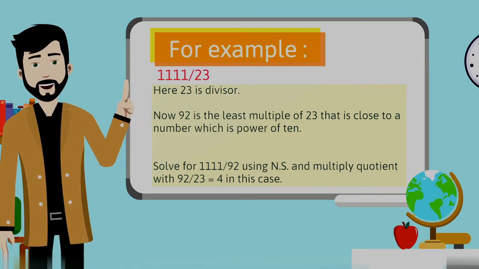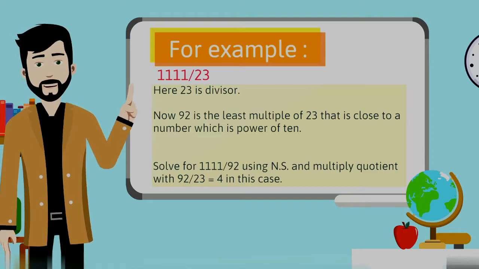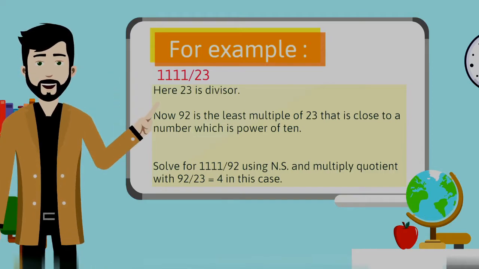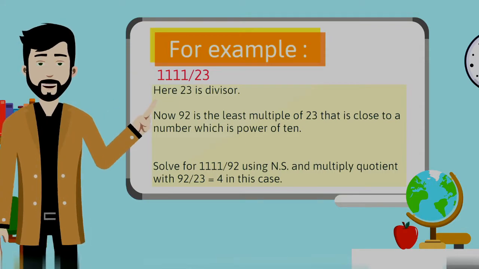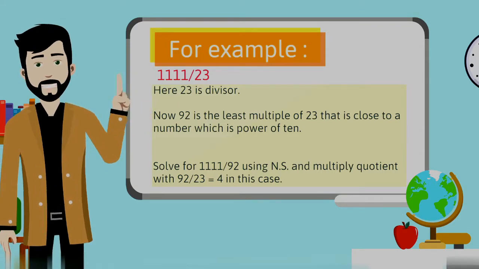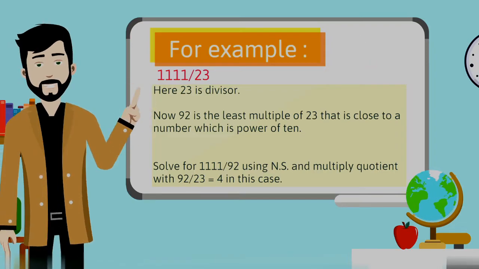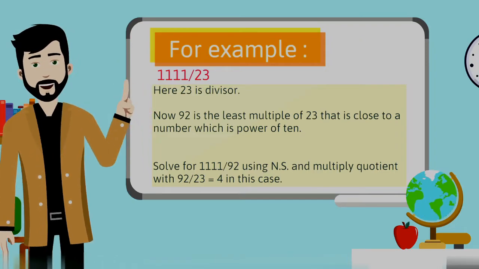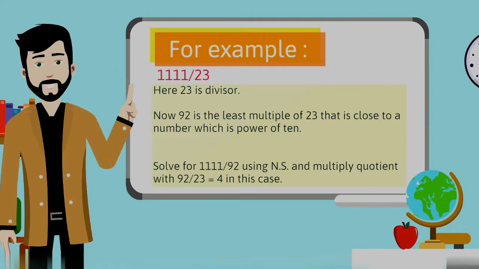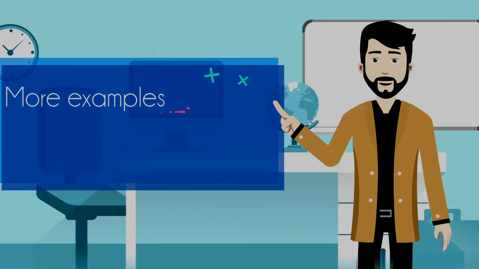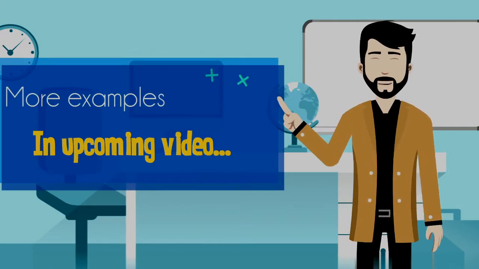In this case 4 will be our final quotient, and the remainder, check if it's greater than the primary divisor, 23 in this case, or not. So if it is greater, we will be applying the simple division calculation and add up the quotient that's obtained in the simple division calculation, and the remainder that's obtained will be our final remainder. Let's look at some more examples and some more cases in the upcoming video in the next slide.